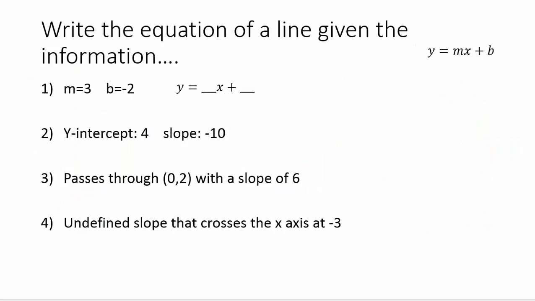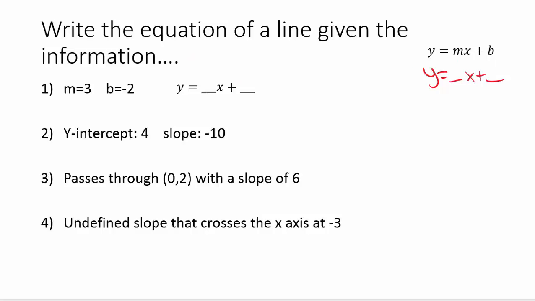All right. We may not always be given a graph. We might be given different pieces of information. The first one we'll look at says that m is equal to 3 and b is equal to negative 2. This is going to be a quick little one-step problem. In our formula, the m is the first blank, which is the slope, and the b, or the y-intercept, is the second blank.